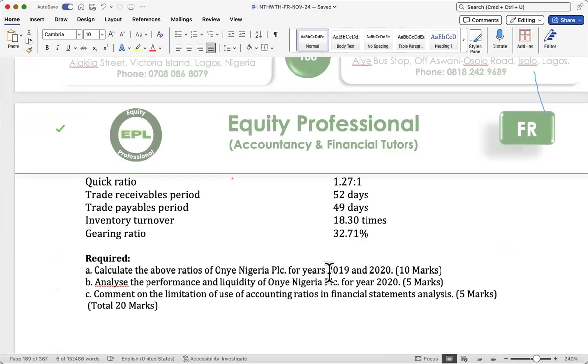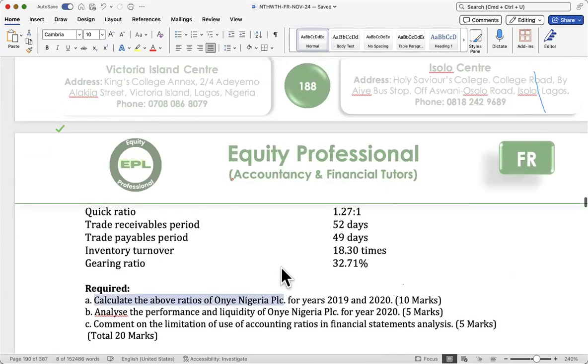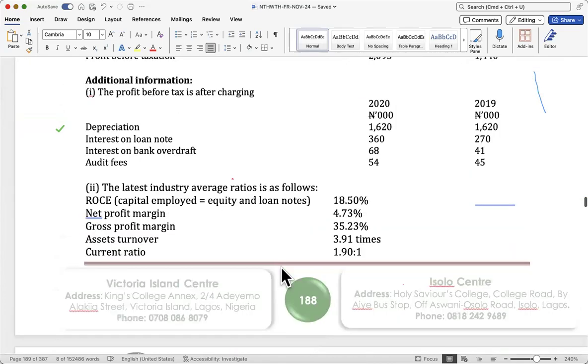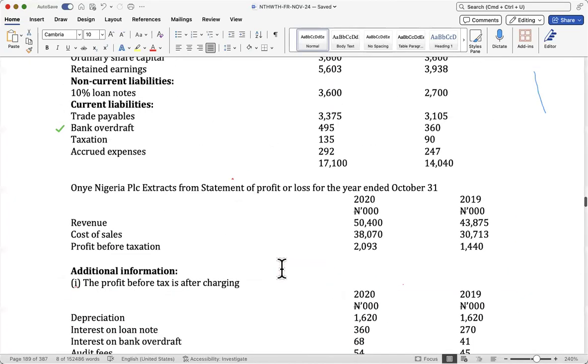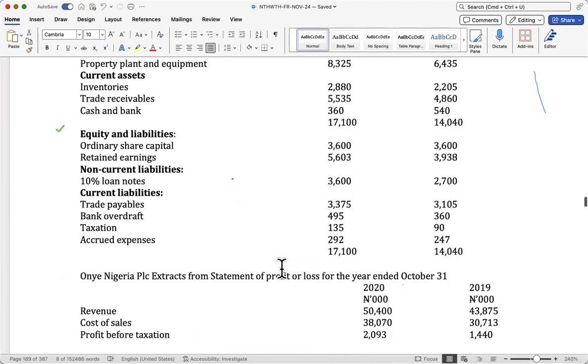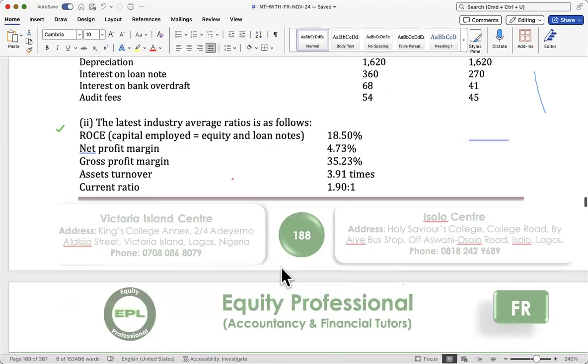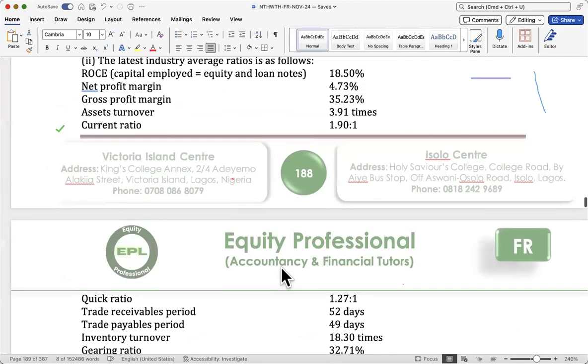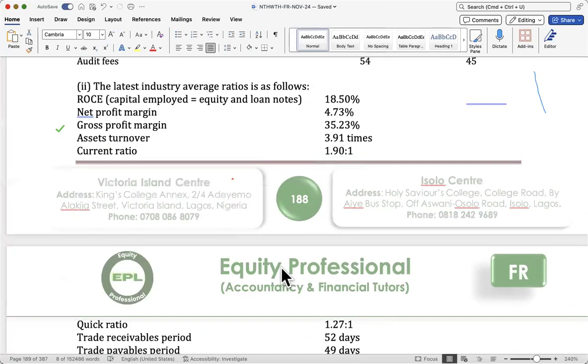So if they want you to calculate, they will tell you, like this one, they said calculate the above ratios for 1 year. So they gave you ratios for a company. They now want you to calculate the same ratios for another company. And I guess you already know all of this, you have all the ratios in your text.